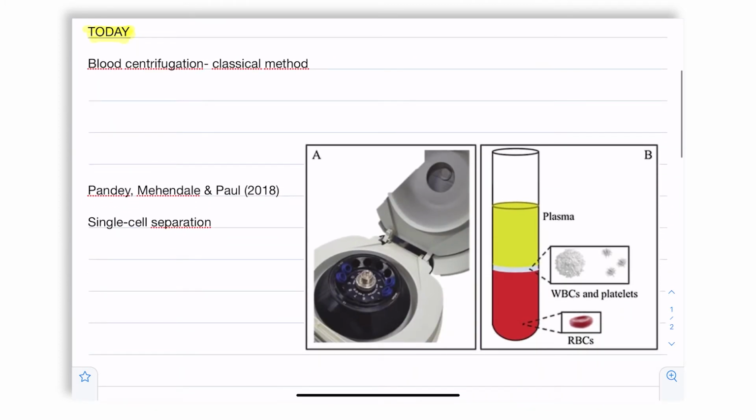So what you're looking at here is a typical electronic centrifuge, and the separation of saturated blood into plasma, buffy layer, that is to say the white blood cells and platelets. This we can call the buffy layer.